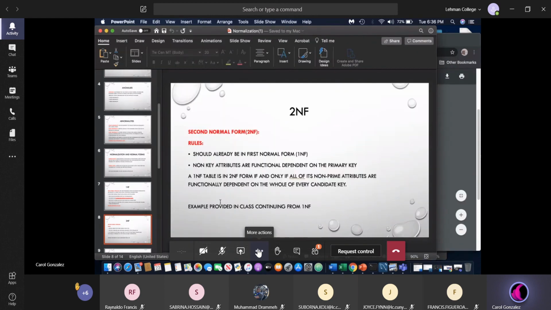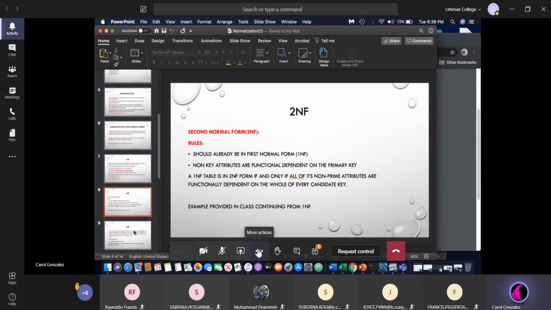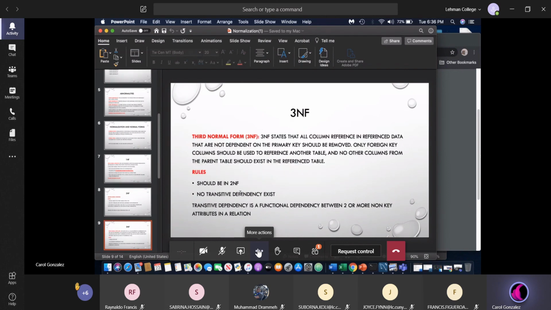Going back here to the next one, third normal form, of course, you should already be in second normal form, and no transitive dependency exists. The only way that these two share a relationship is by the foreign key only, and any other columns that you could put together should have their own table.